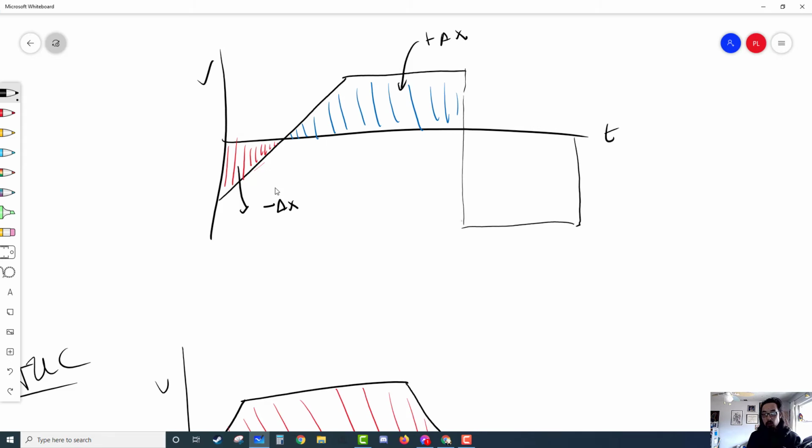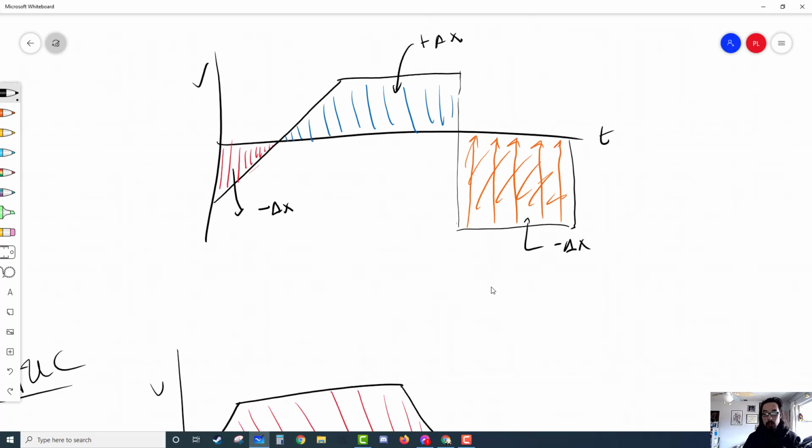Now, sometimes they'll give you a jump like this, where this vertical line is just a dotted line to show you that there is a jump. And there, remember, we go from the line to the horizontal axis. So this entire rectangular region will be my negative displacement. So that's one way for area under the curve.